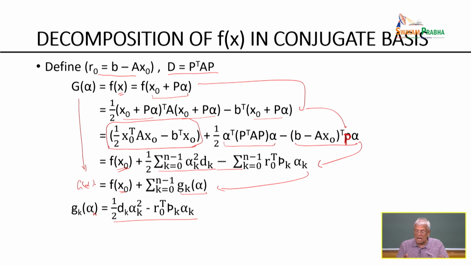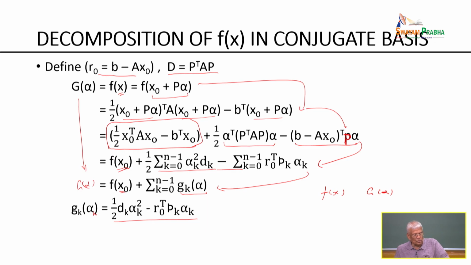So, what is this now? f of x is the original function in the original basis, g of alpha represents the same function in the conjugate basis. Look at how I am transforming things. Originally, I am given an original space, and I concocted a new space called the conjugate basis space. I am assuming somebody gave me the conjugate directions.